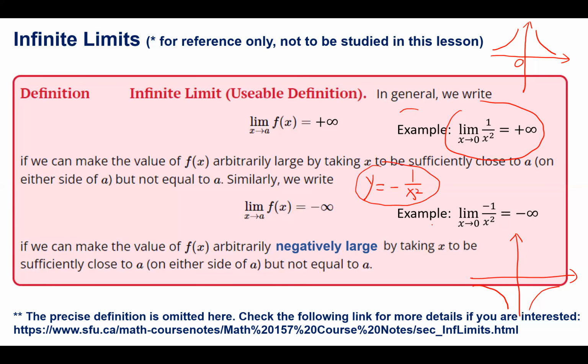As we can see here, when x approaches 0, from this side or this side, the limit of this function is negative infinity. Imagine that when x is sufficiently close to 0 here, the value of this function will approach negative infinity. Therefore, we use this expression to denote a behavior like this.